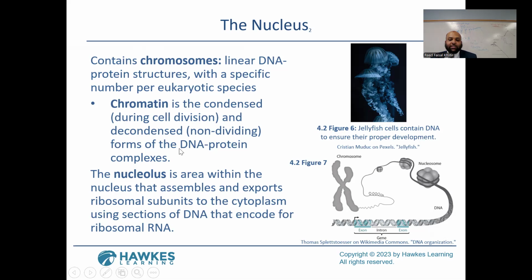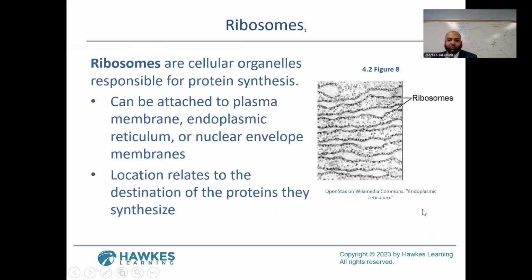The nucleolus is an area within the nucleus that assembles and exports ribosomal subunits to the cytoplasm using sections of the DNA that encode for the ribosomal RNA we talked about. Ribosomes are cellular organelles responsible for protein synthesis. This is very high yield. If you're asked where in the cell proteins are made, the answer is the ribosome.